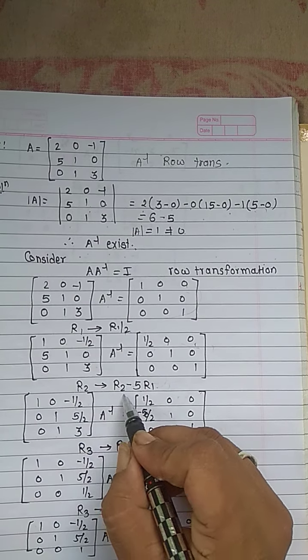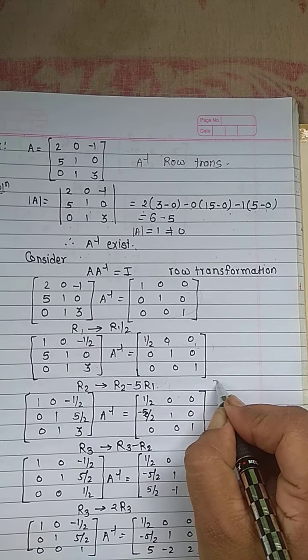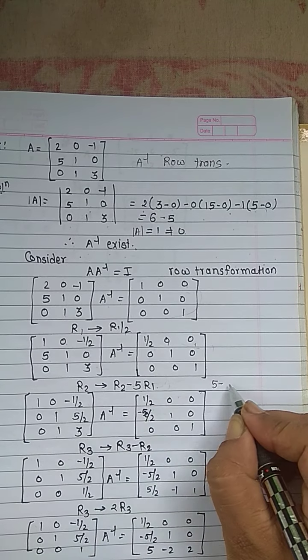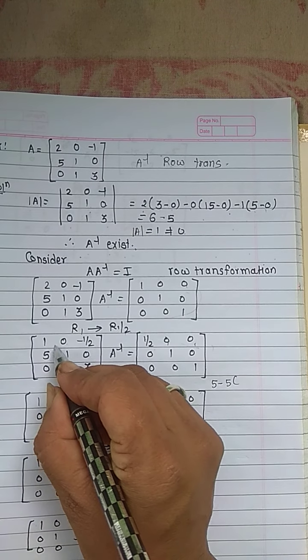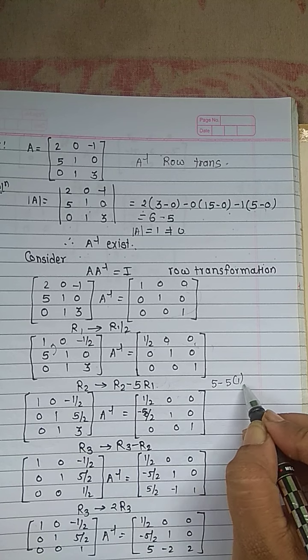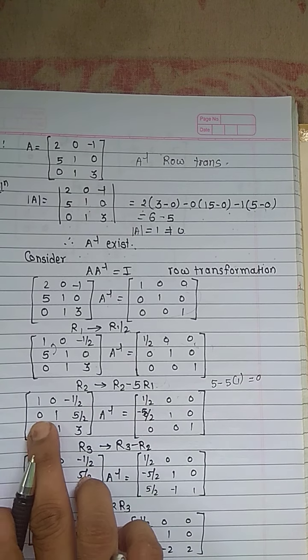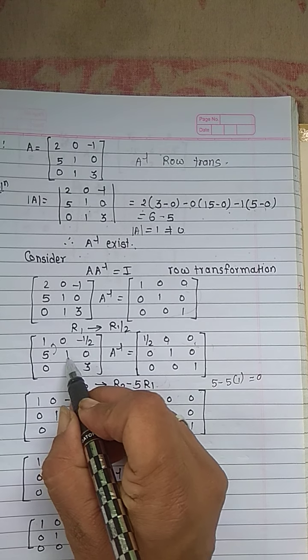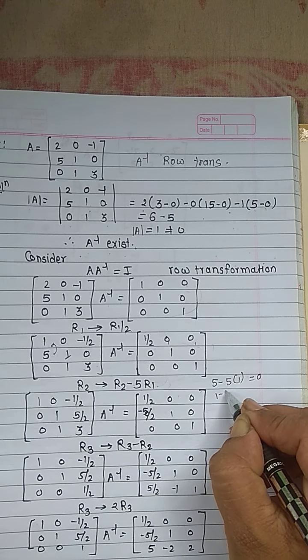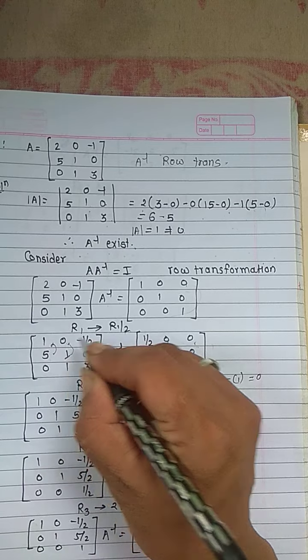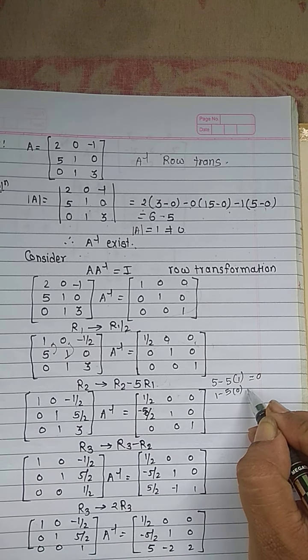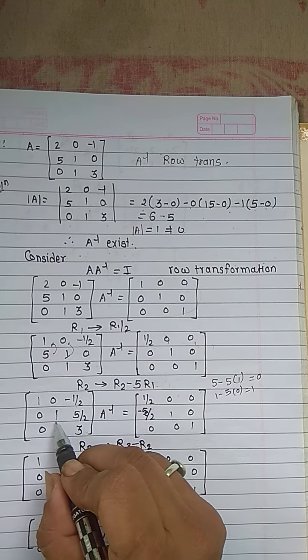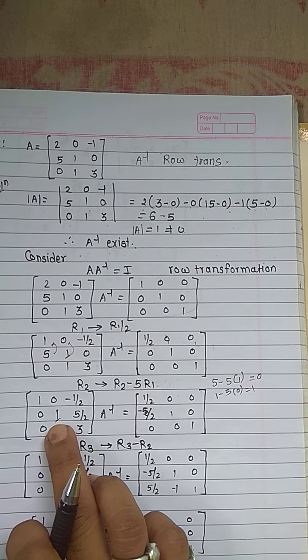That is, the first R2 element is nothing but 5 minus 5, and the corresponding element of 5 is nothing but 1, and simplifying this we get the value 0, write this 0. Second element of R2 is nothing but 1 minus 5 and its corresponding element is nothing but 0, that is 1 minus 0 is nothing but 1.